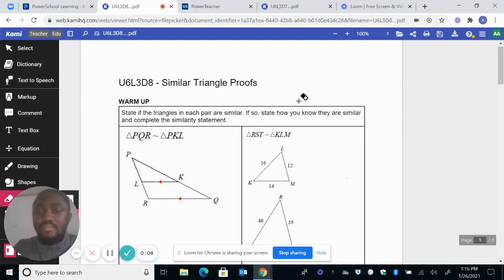Good afternoon, class. As we said yesterday, we're able to find a shortcut for similarity, and we have three shortcuts: angle-angle, side-angle-side, and side-side-side. So I'm going to write them here.